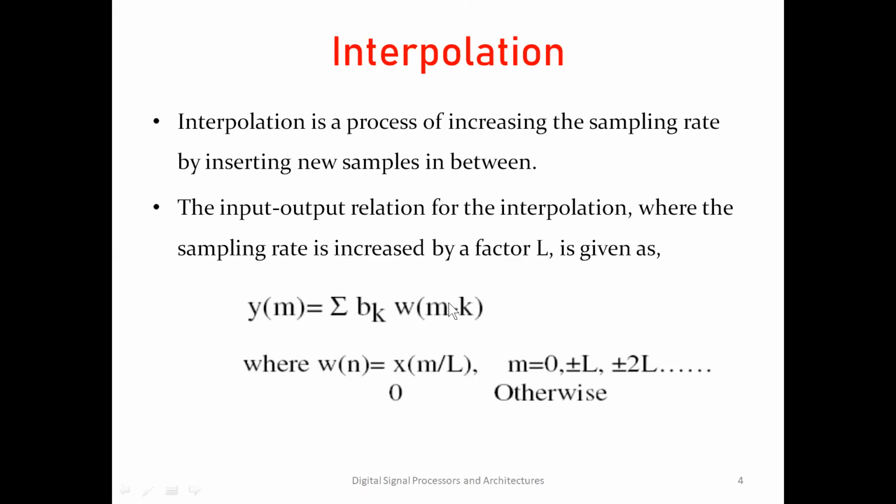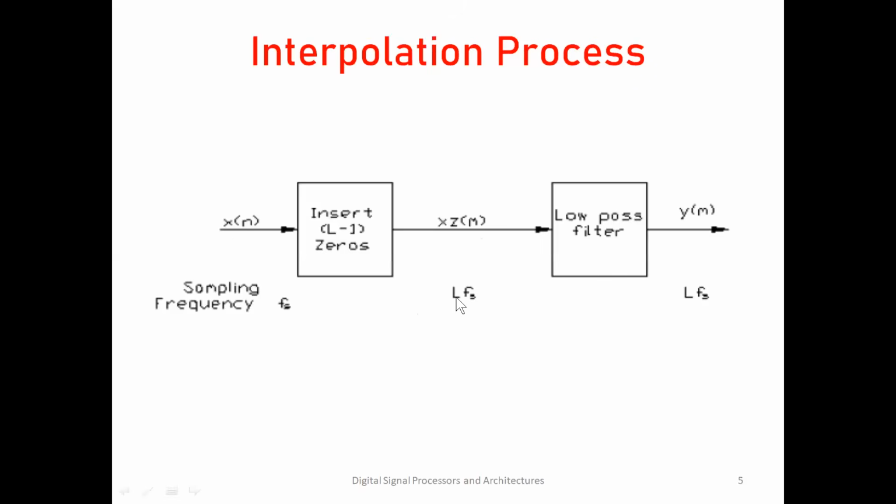The input-output relation of the interpolation process is given as Y of M equal to sigma BK W of M minus K. Here the sampling rate is increased by a factor capital L, so the interpolation factor is L. That is why M is given as 0, plus or minus L, plus or minus 2L and so on, whereas for other values, W of M will be 0.